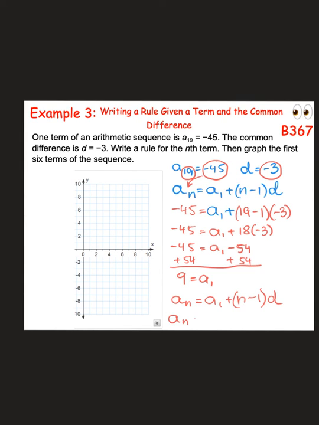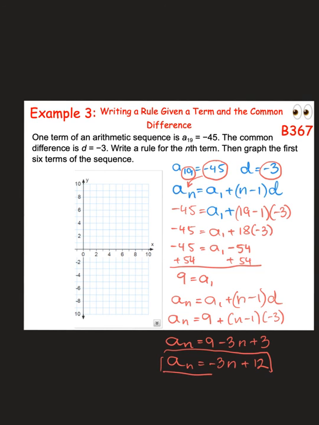So a sub n equals 9 plus n minus 1 times negative 3. A sub n equals 9 minus 3n plus 3. So the rule for our pattern is going to be negative 3n plus 12.